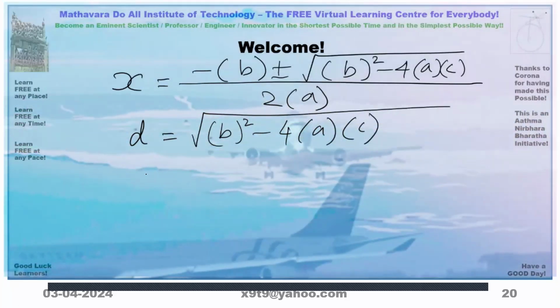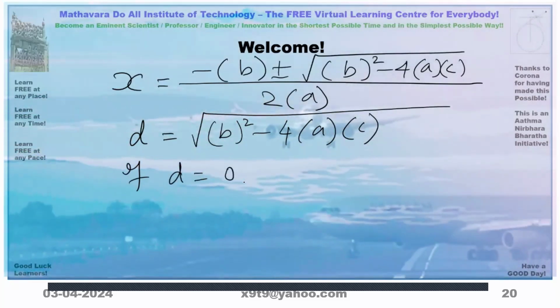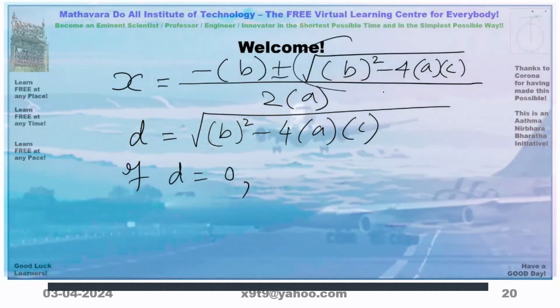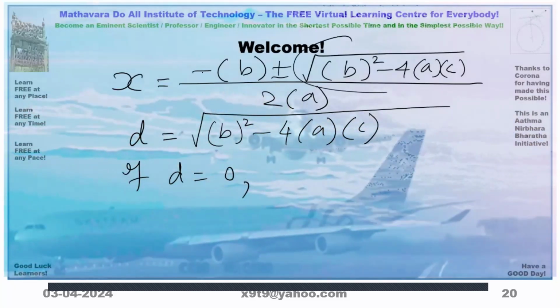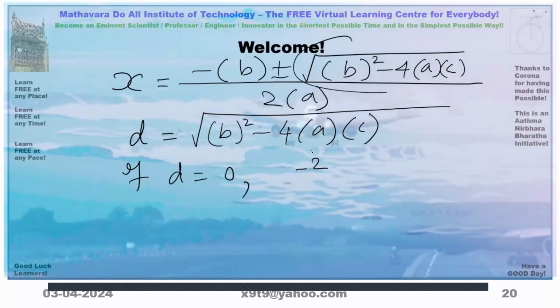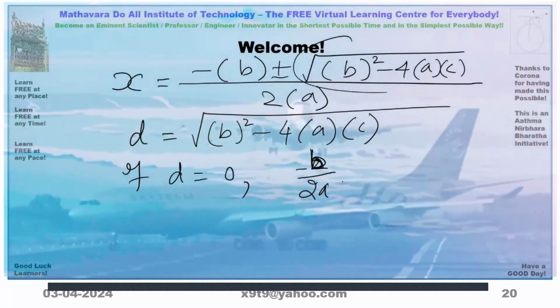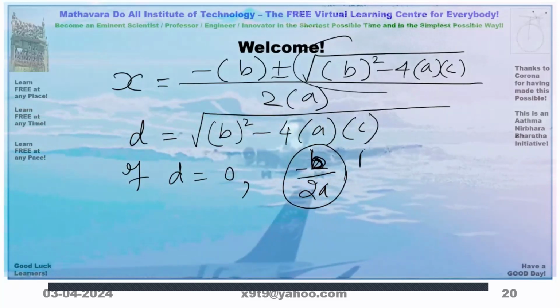Then if d is equal to 0, that means this whole thing becomes 0, you will get minus b by 2a, minus b by 2a. So that will give repeated roots.